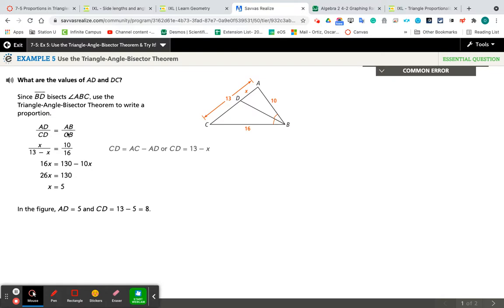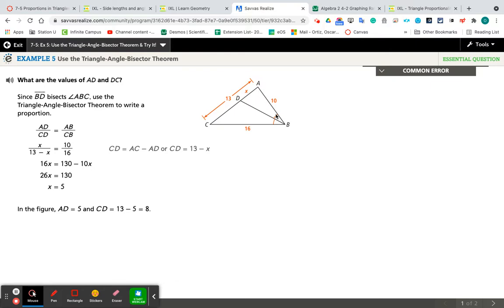When you're trying to establish the proportion, you're going to do AD is to CD as the side that is on, if you think of this as a line for a second, there are two segments, DA and AB. Those two are on the same side of that line, and CD and BC are on the other side of that line. So you want to always establish the proportion by keeping in mind the two segments that are on the same side.